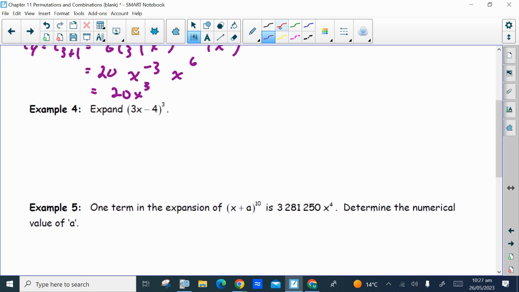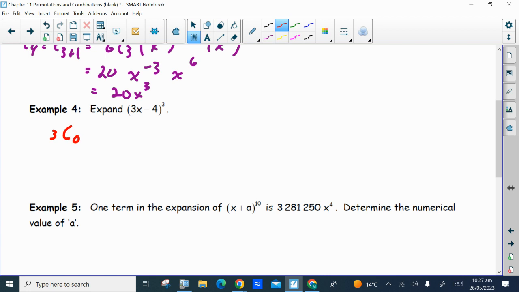Now for number 4, we actually want to expand this. Okay? 3x minus 4 all to the power 3. So I'm going to use combinations for my coefficients originally. The value of n is 3. So the first coefficient, initially, will be found by going 3c0.